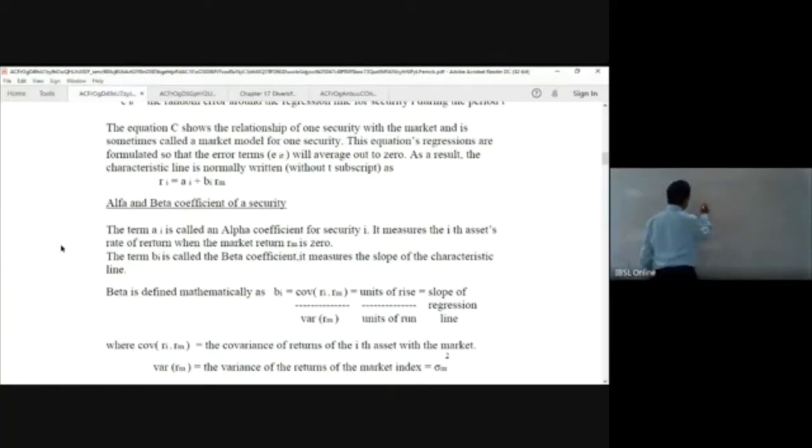Now our characteristic line is Ri = Ai + Bi Rm. Here Ri is the asset return or stock return.